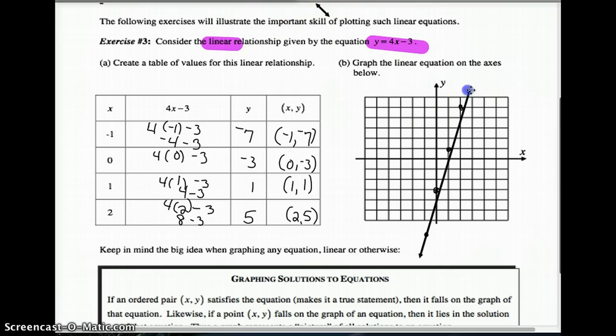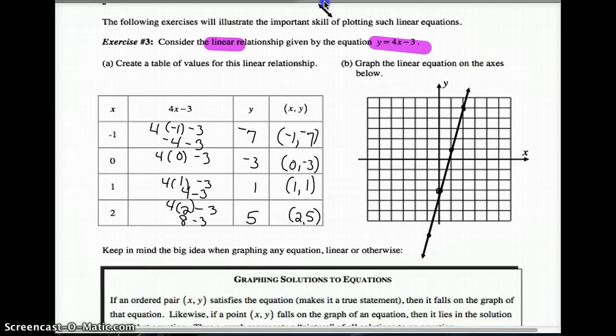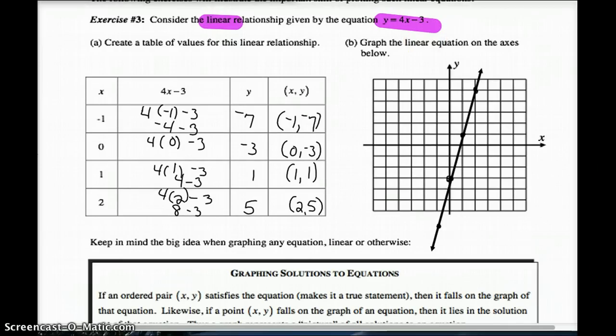I just want to straighten this part out. Okay, you connect the dots, you create a line, hence linear relationship. And then what we want to do is we want to name the line. So this line is named by the equation y equals 4x minus 3. Okay? All right, so let's keep going.